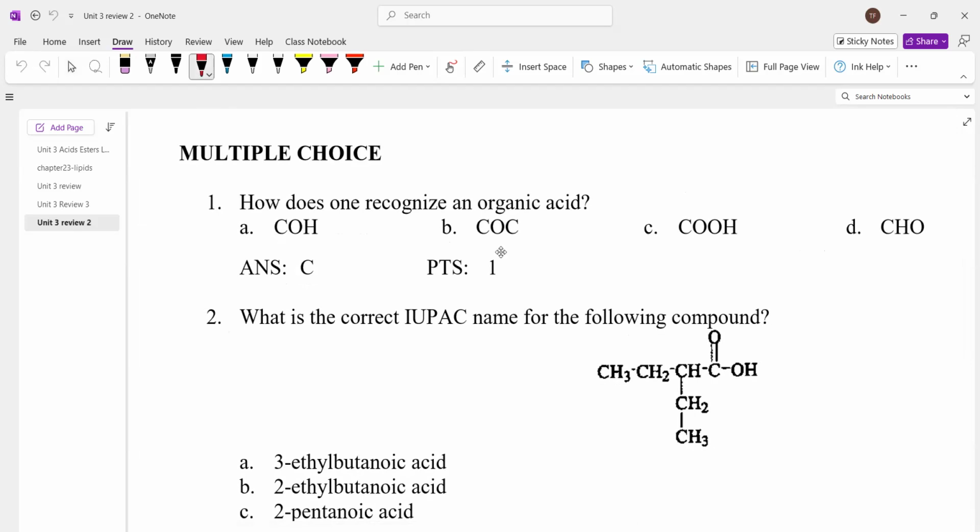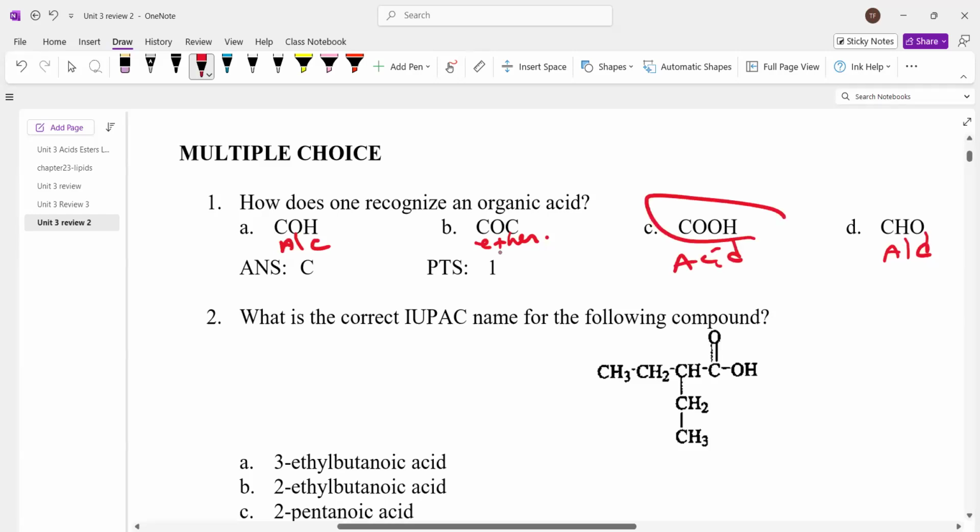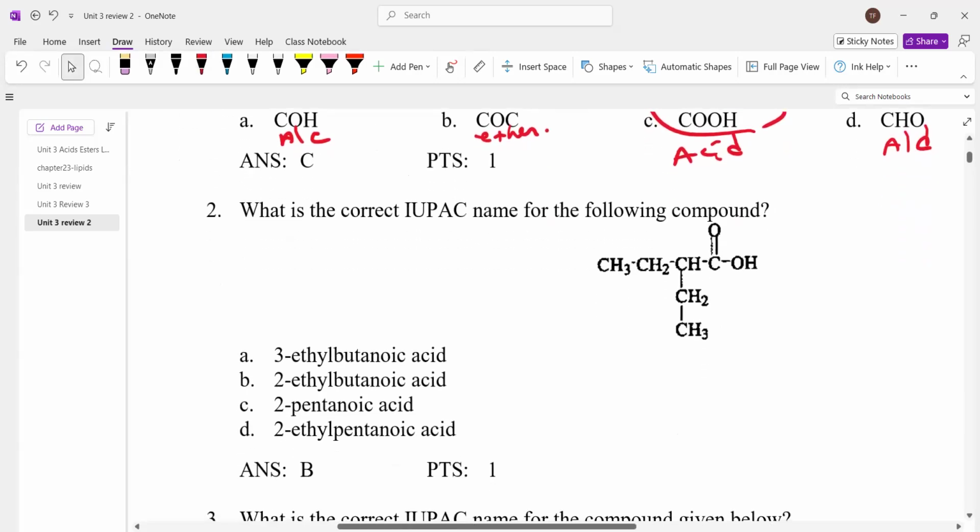This is going to be an ether, alcohol, and aldehyde. And this is going to be the acid here. Okay, so this is a primary backbone, and it's an acid, so it's going to be 1, 2, 3, 4 with an ethyl branch on carbon number 2.